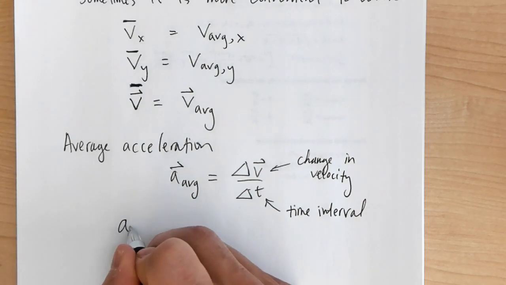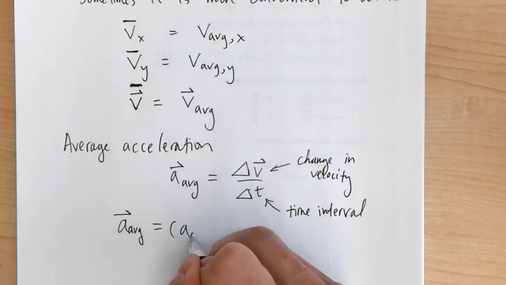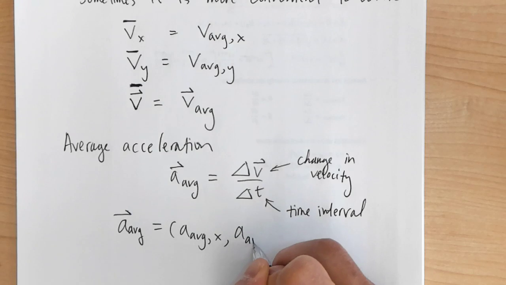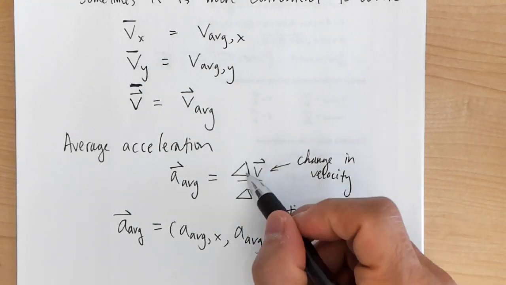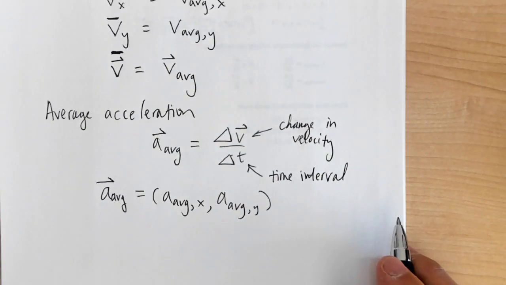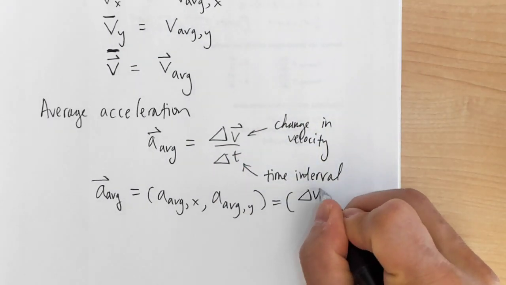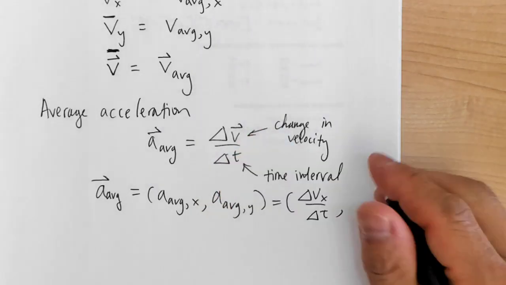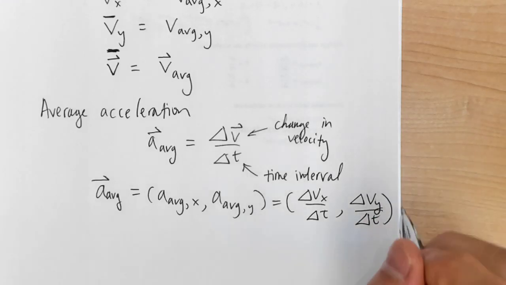Then if I'm taking the components of the average acceleration, I have a AVG x component and a AVG y component, and this will be the x and y components of the change in velocity over delta t. So I will have delta Vx over delta t, and the y component would be delta Vy over delta t.